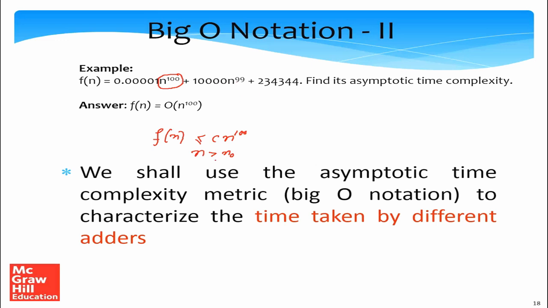But that's okay. If I keep on increasing the value of n, ultimately I'll find some value of n0 and c such that this function is less than c n to the power 100 for all values of n greater than n0. So hence we can say that f(n) is equal to order of n to the power 100. One simple way is that if it's a polynomial expression, take the highest power of n. That is the order of the function.